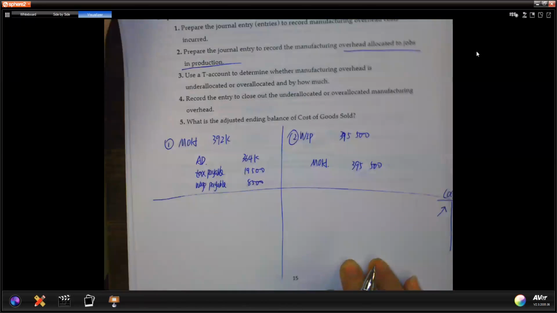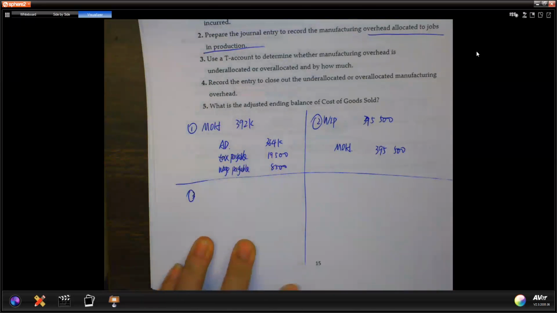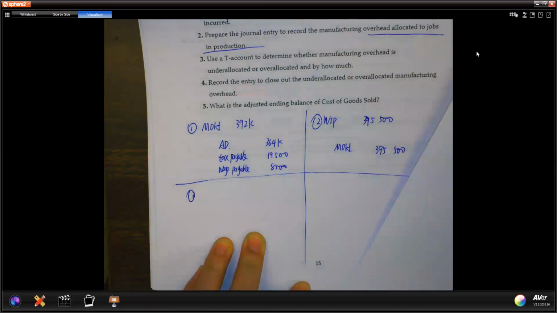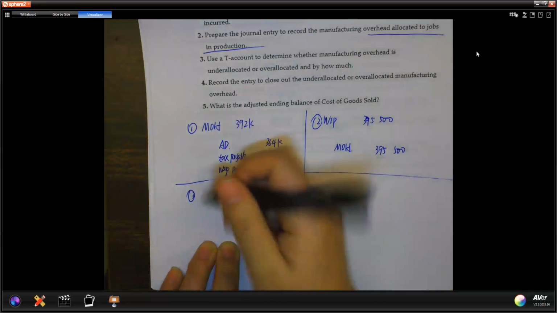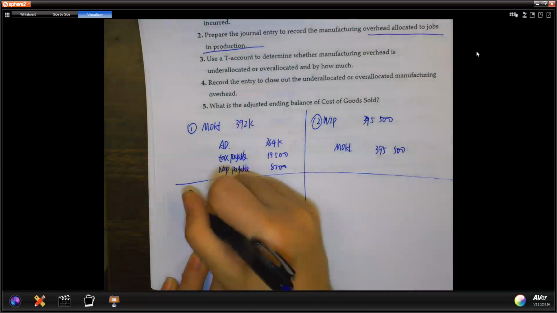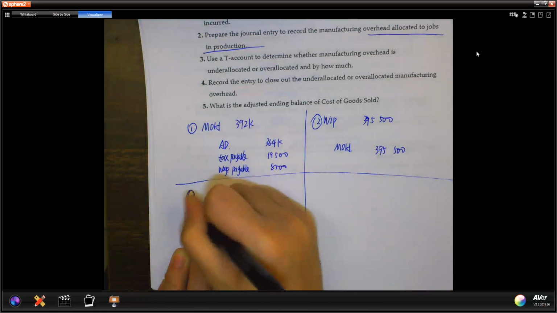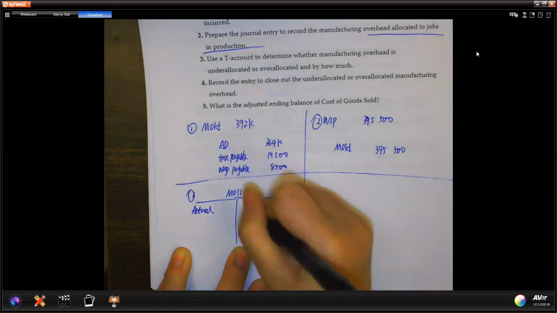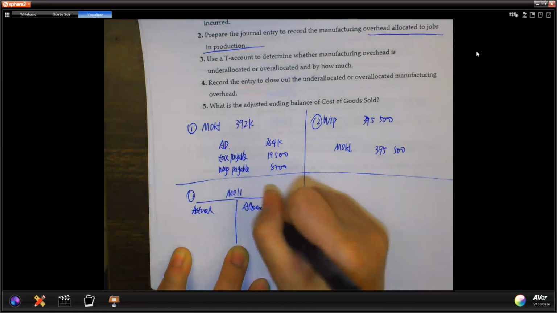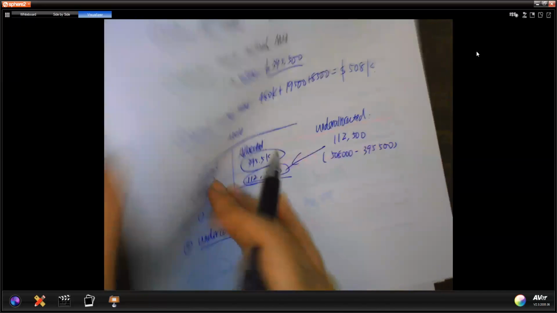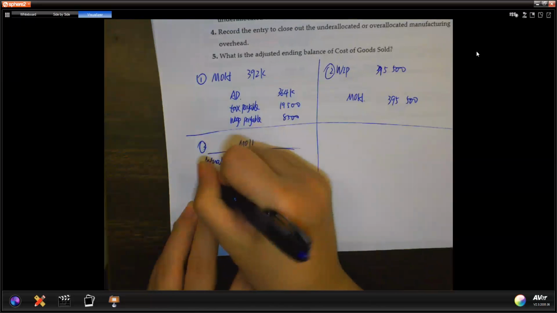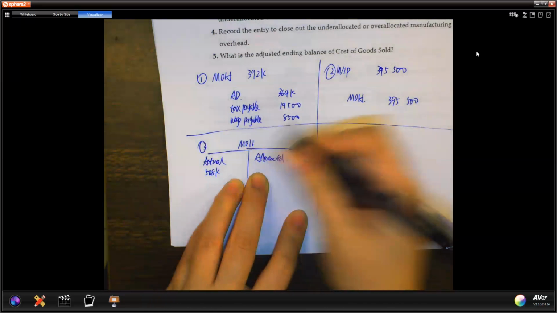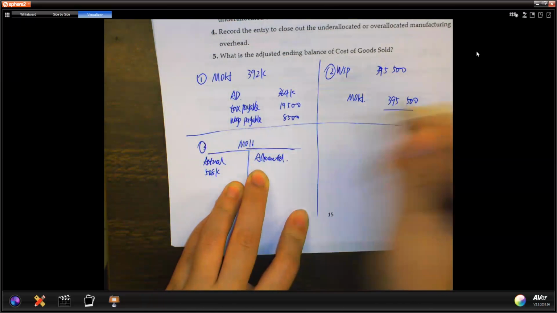The third one asking me about T account determining whether it's over allocated and then under allocated and then by how much. So I put the manufacturing overhead. Remember, we always say your actual is here and then your allocated is here. So our actual we calculated is 508,000. Allocated now is, oh, it's still the same.